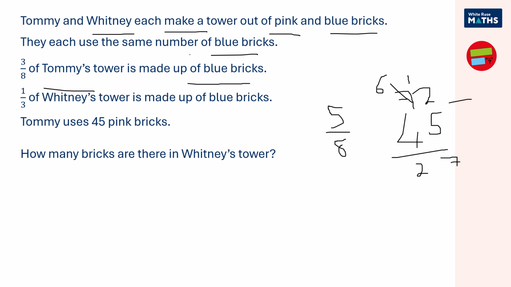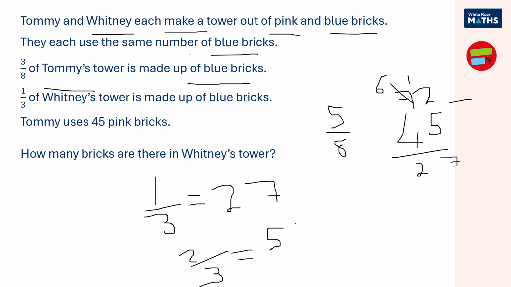That also means that 1/3 also equals 27. So the 2/3 is going to be pink bricks. So for that, that's going to be 54. So 54 plus 27, guys, will give us the total number of bricks that Whitney's tower has.